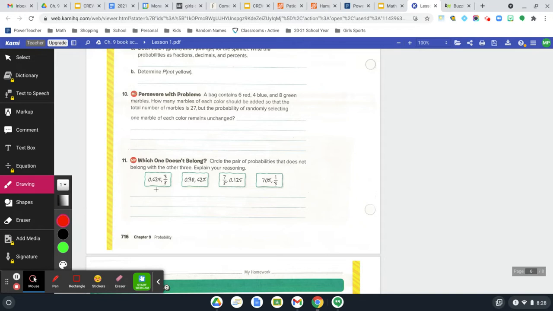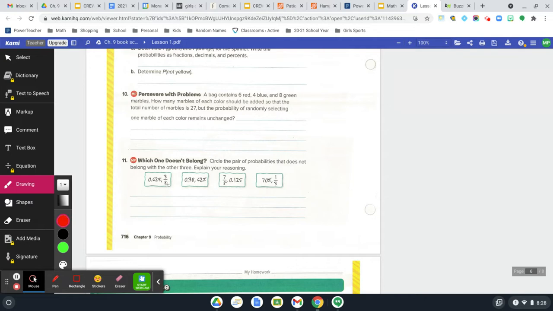So let's talk about the first one. You have 625 thousandths here. Well, what is 3/8? We want to make these, so we're comparing the same thing. We want to be able to compare 2 decimals here. So let's talk about 3/8 as a decimal. So go ahead and take your calculator and divide that out.